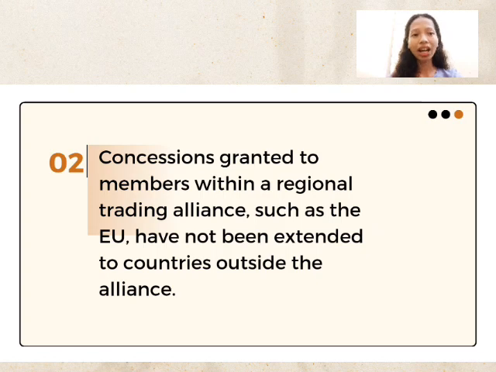It is because other countries or regions need to negotiate their own agreements with the EU to receive similar concessions. It reflects the principle of reciprocity in international trade, where each party grants concessions in exchange for concessions received.